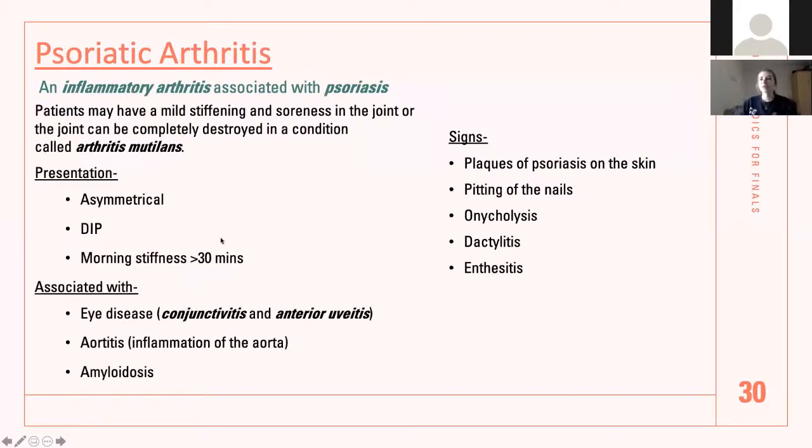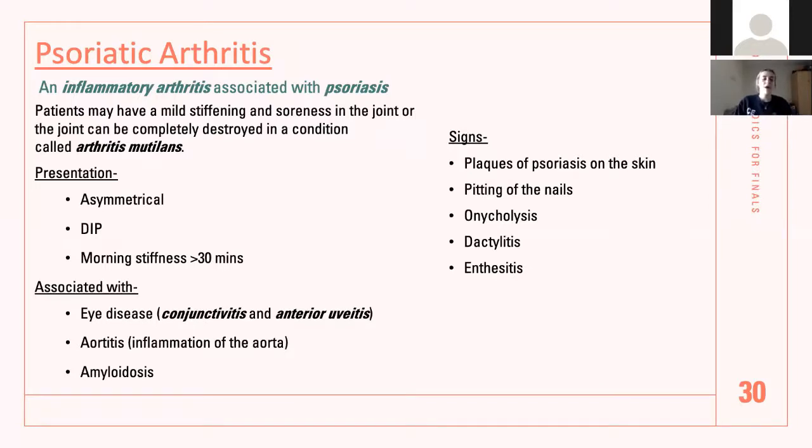So moving on to psoriatic arthritis. This again is an inflammatory arthritis. It's present in patients with psoriasis. You'd see patients with stiffening and soreness of the joints, and it's like a sliding scale of a condition.